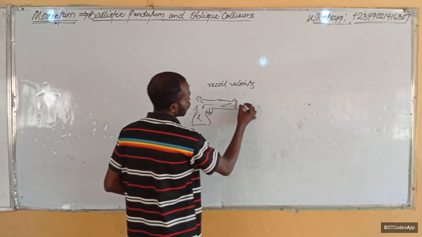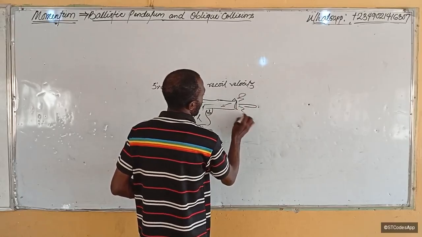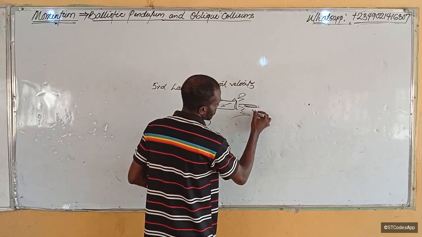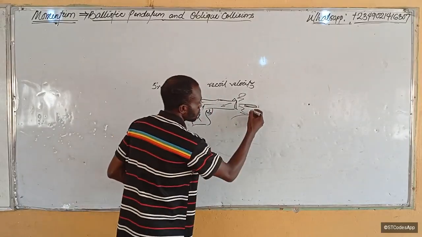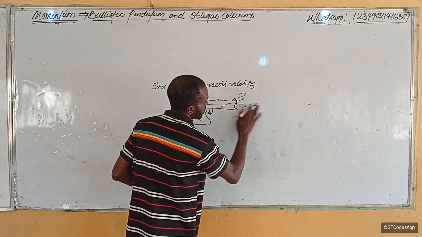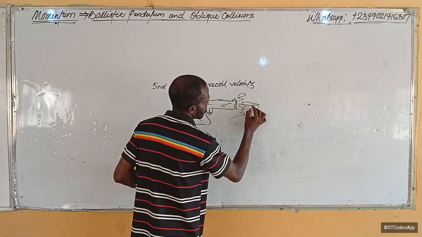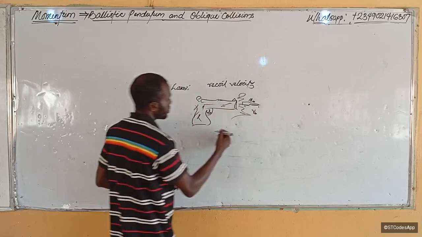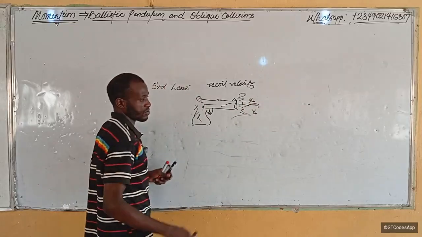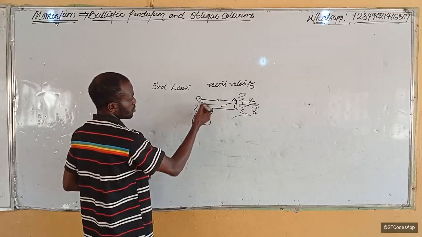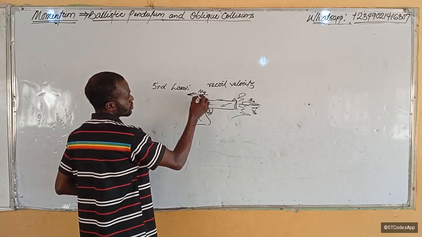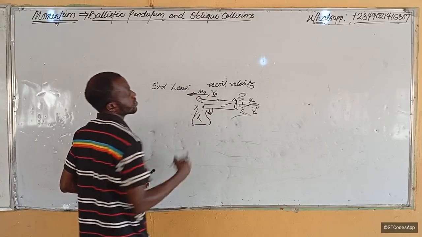This bullet goes out with the velocity, and it has its own mass. The bullet of mass mb goes out with a particular velocity vb, and the gun, of mass mg, jerks backwards with, of course, a smaller velocity vg.